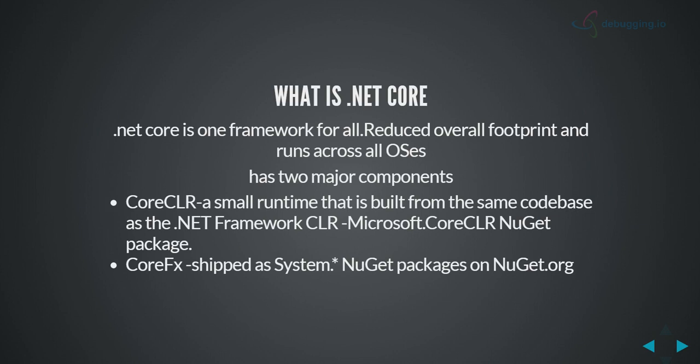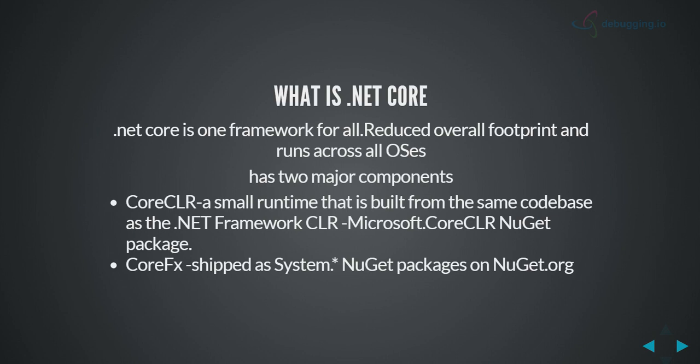When we say .NET Core, it contains two parts: the Core CLR and Core FX. Core CLR is our actual runtime, a small runtime which is built from the same code base as the .NET Framework CLR. And the .NET Framework CLR has been in existence for 10 plus years, and it has all the features and all the stability that come with it.